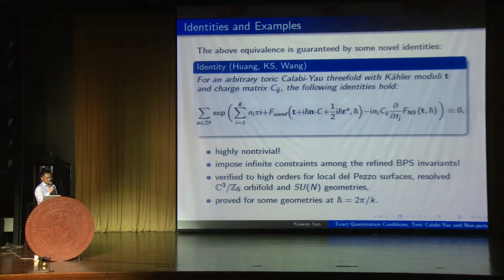It imposes infinite constraints among the refined BPS invariants. We have verified this identity for many models, including the del Pezzo surfaces and C3 quotient by Z5 and Z9 orbifold geometries. We also proved it in some special cases.